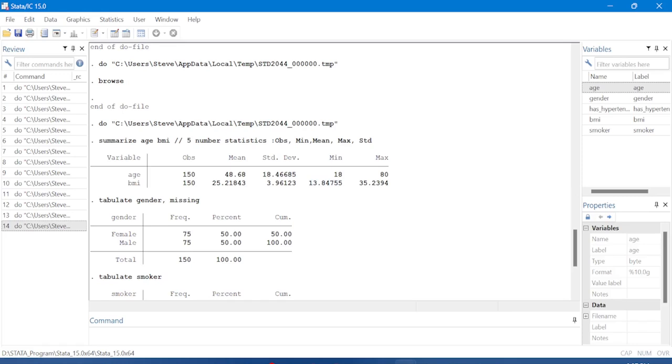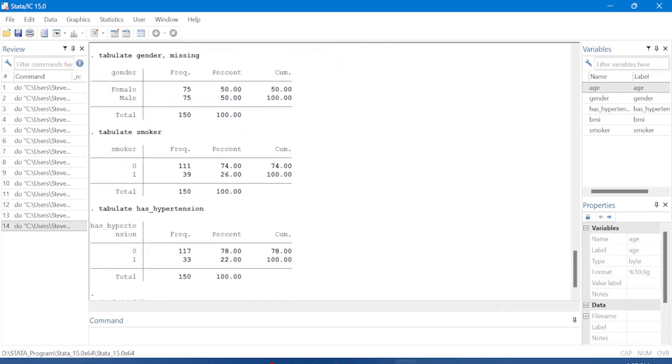On gender, we realize that male and female are equally distributed in this data set. On smoking status, non-smokers represent a higher percentage, 74%. Whether someone has hypertension or not, the majority of the respondents do not have hypertension, 78% of them, and 22% have hypertension.